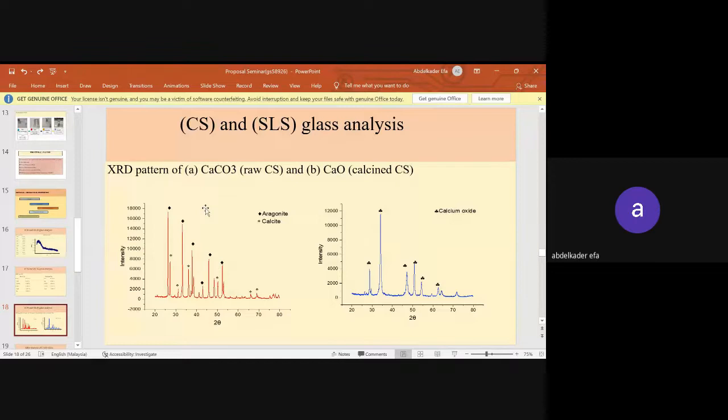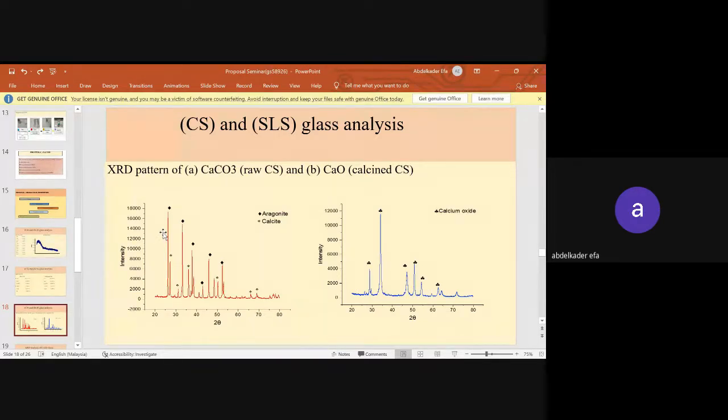For the XRD of raw clamshell and calcined clamshell, the crystalline phase of calcium carbonate appears between 10 to 90 degrees of 2 theta.